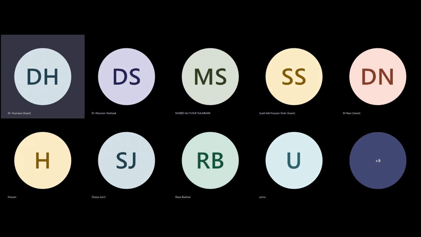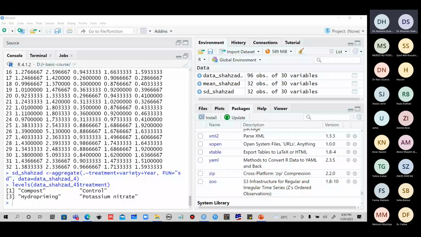Yes. Okay. Now you are seeing how R shows the levels of treatments. These are the actual levels, and R shows them alphabetically. So the levels show composed first, then control, the third one is hydropriming, and the fourth one is potassium nitrate.